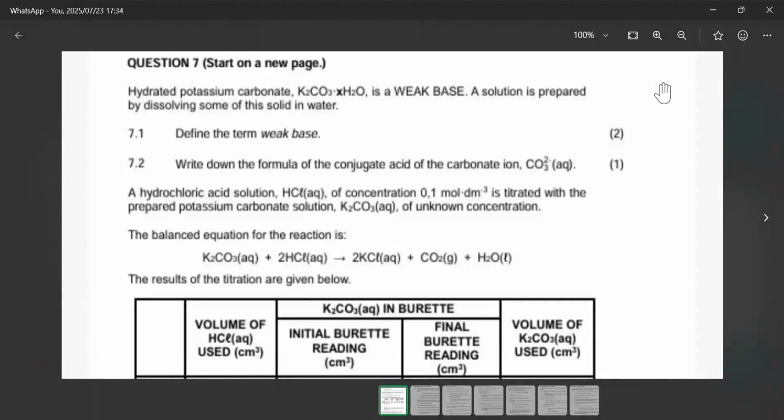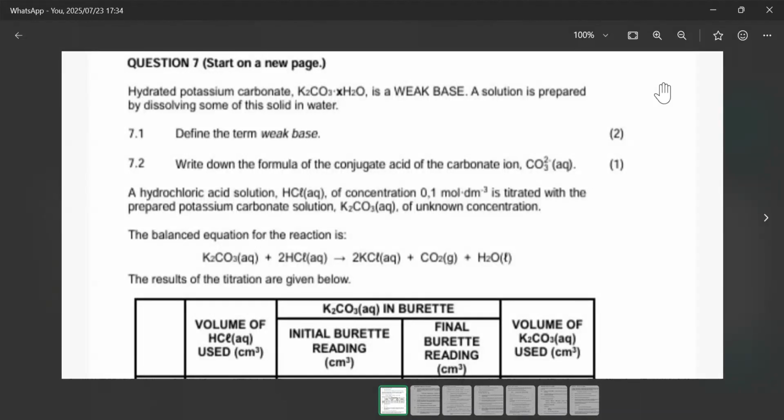So we have hydrated potassium carbonate. They tell us that it is a weak base. A solution is prepared by dissolving some of this solid into water. And now they say write down the name of the conjugate acid of the carbonate ion, which is the CO3 2-.